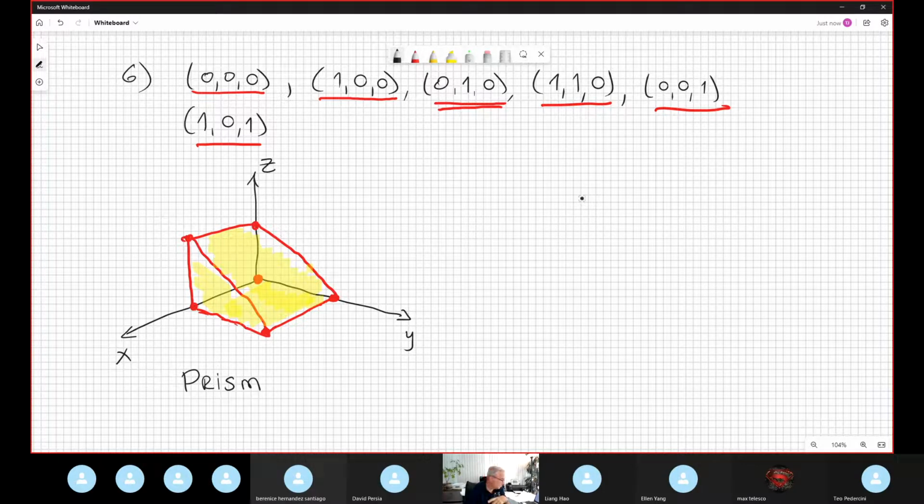So now, I suppose you are using a double integral, no? Yeah, double integral.